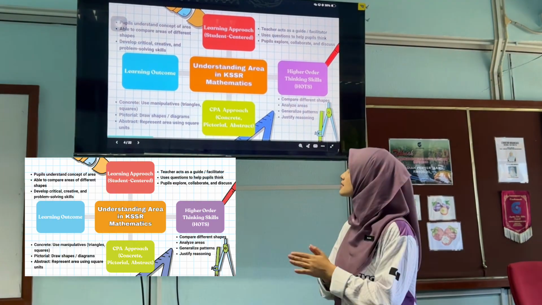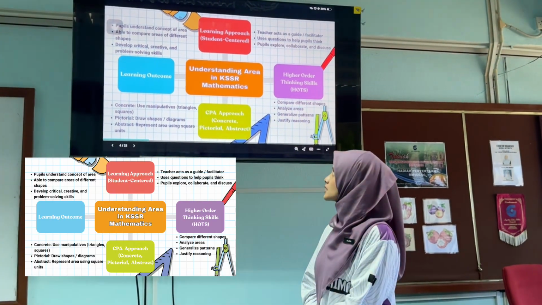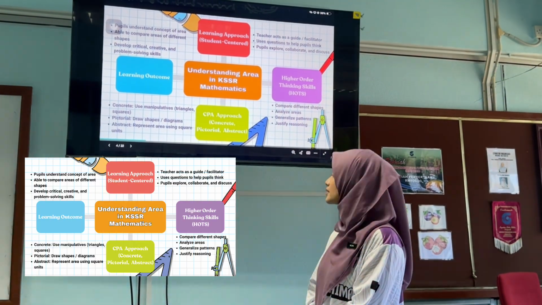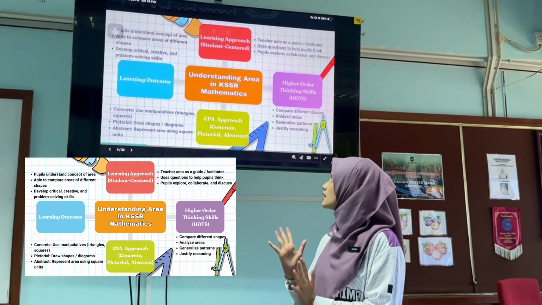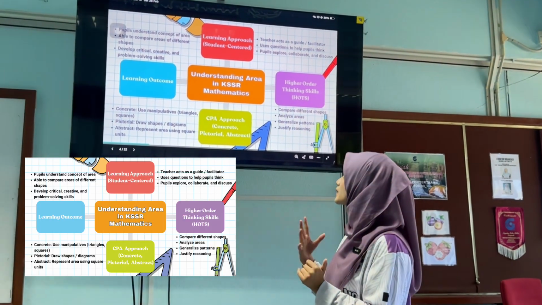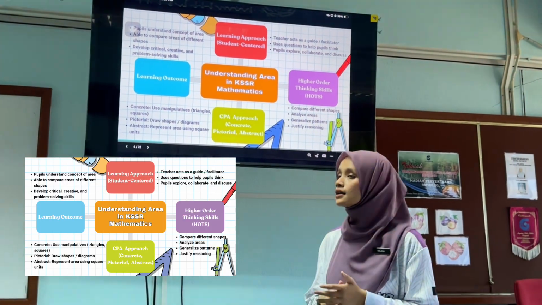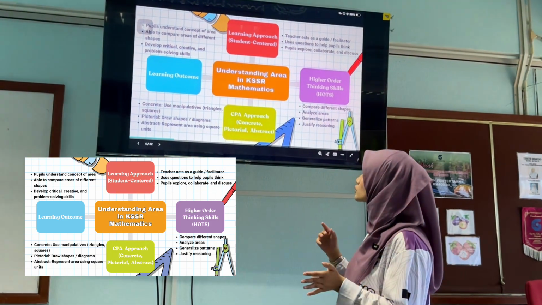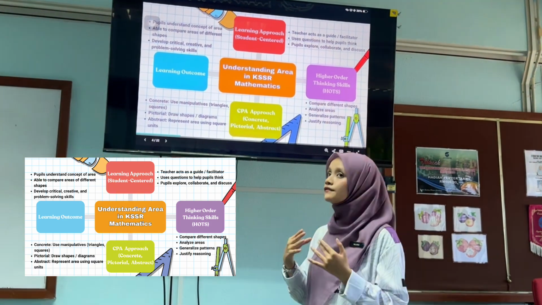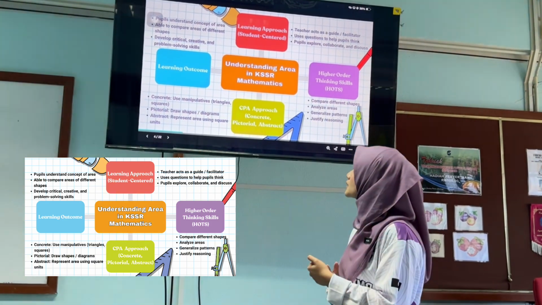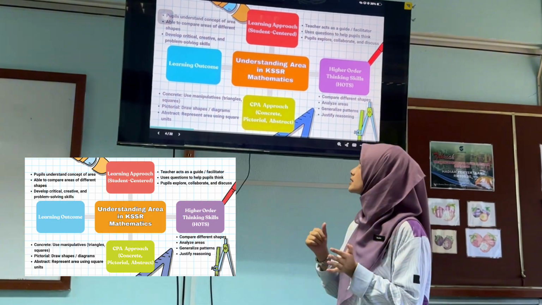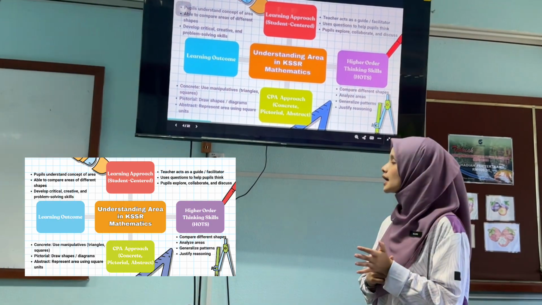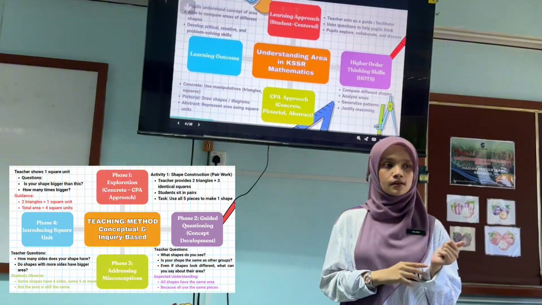The last one is learning outcomes. The importance of understanding area with square units first is students can understand the concept of area, can compare the area of different shapes, and can develop critical thinking, creative thinking, and problem-solving skills.